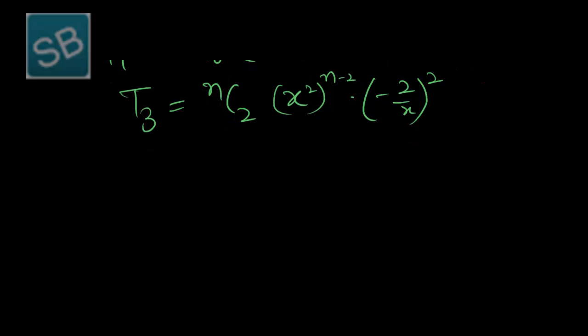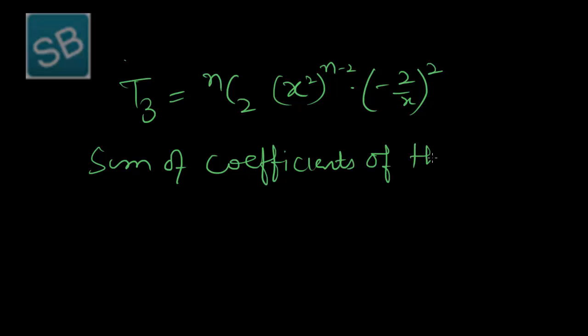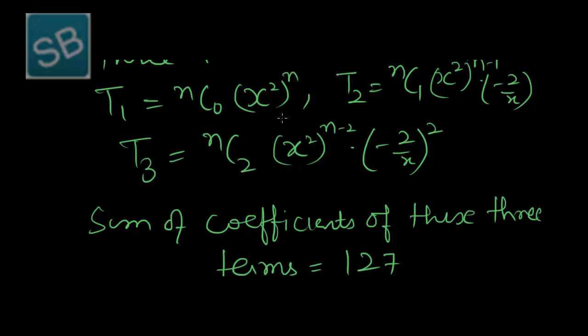So according to the statement, we have the sum of coefficients of these three terms is 127. The coefficient of the first term is nC0, the coefficient of the second term is -2 into nC1, and the coefficient of the third term is (-2)^2, that is 4 into nC2.